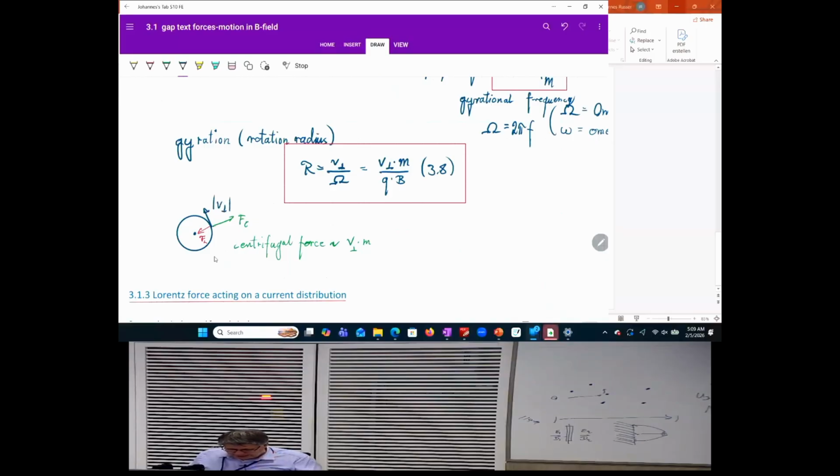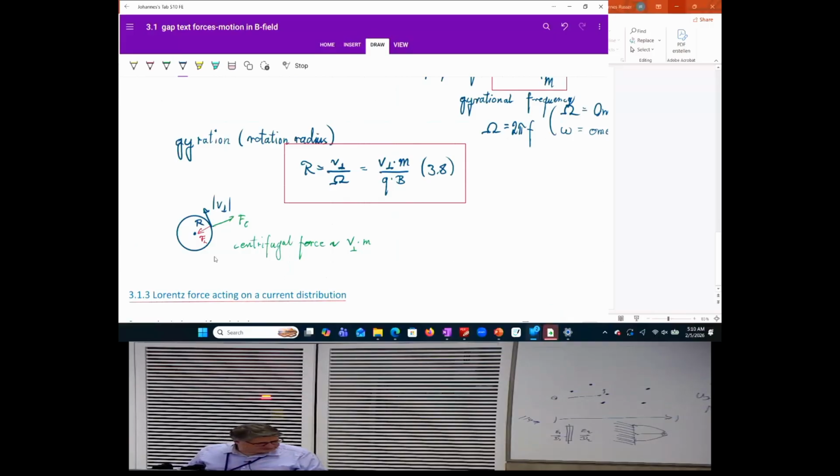And you have here our velocity magnitude. And if you look at that, then you have a velocity, and the gyrational frequency, that's 2 pi times f. If you look at the distance that is covered per second, that is taking the gyrational frequency times the radius, and hence that would be the distance covered in a time interval.